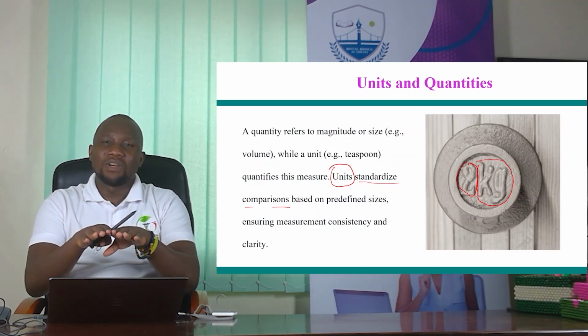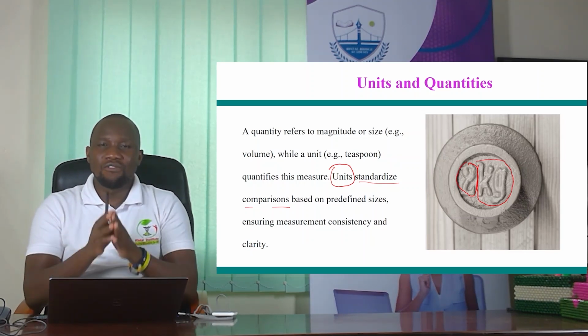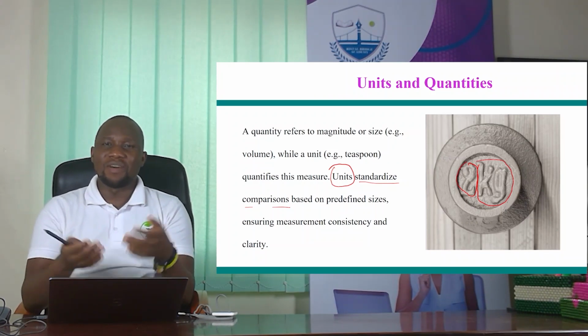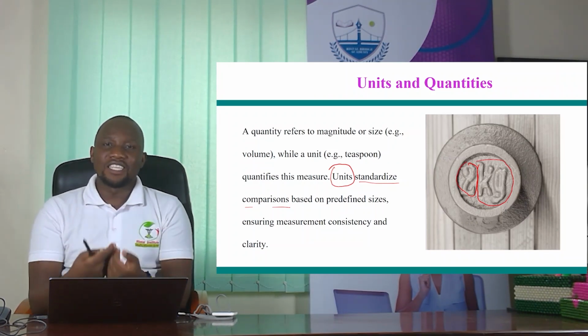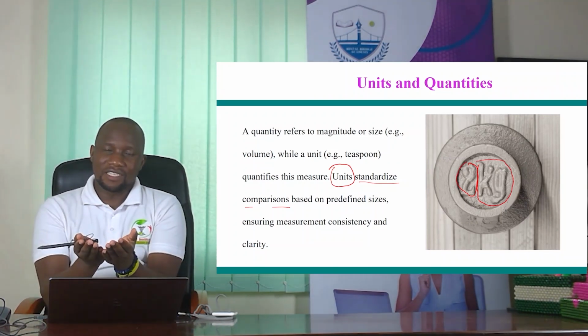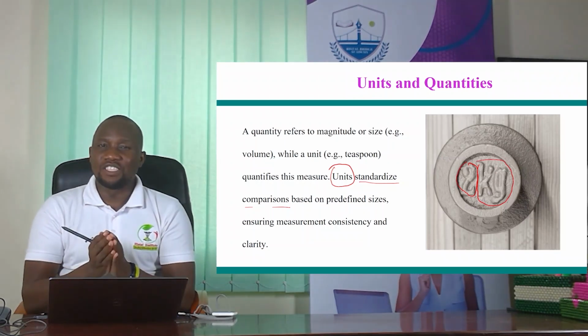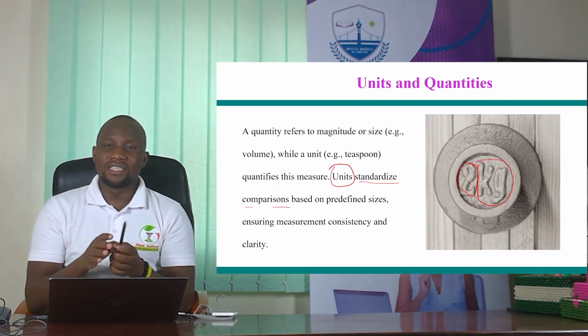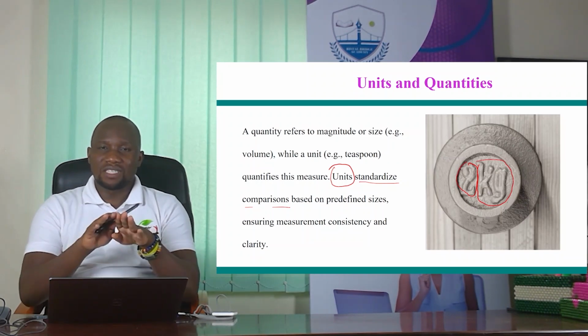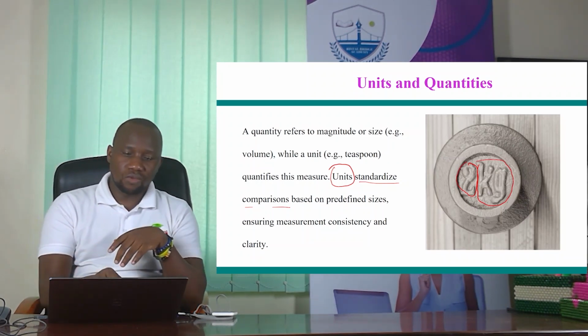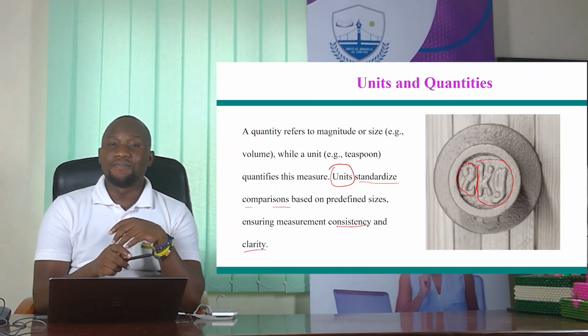When we say 2 kilograms, the 2 kilograms in your village is the 2 kilograms in my village. It will never change. So that means that is the standard. Okay? So that's why we have these units.